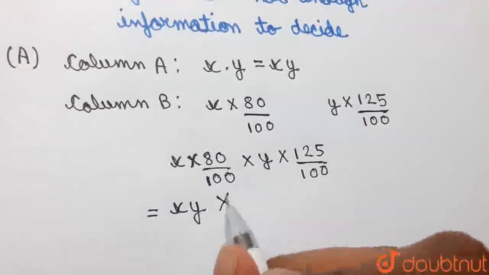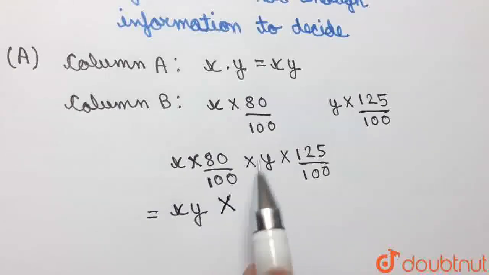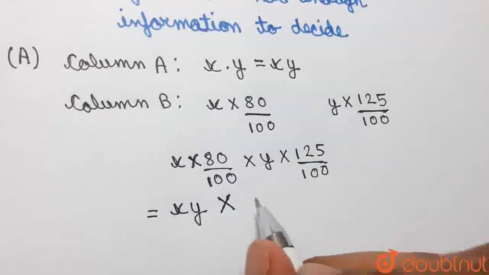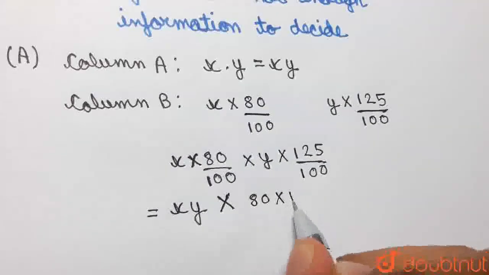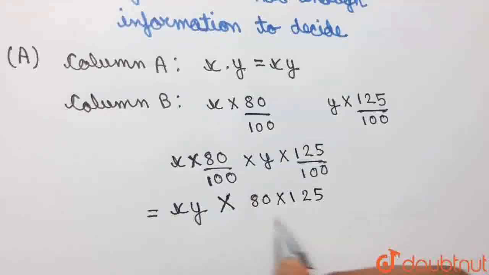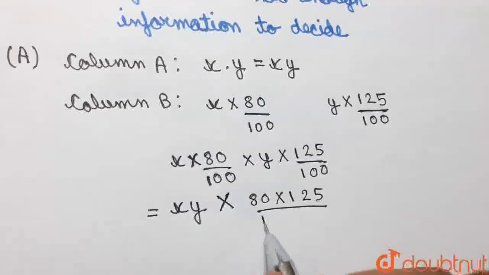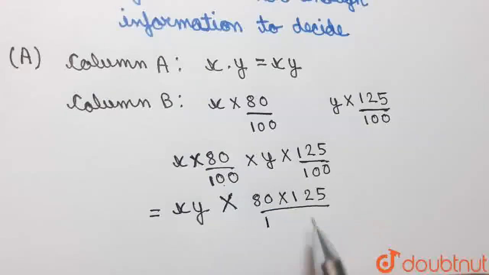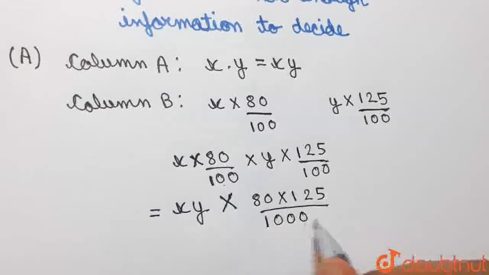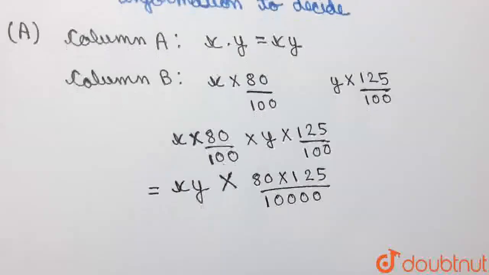into all the numeric terms. In the numerator we have 80 into 125, whereas in the denominator we have 100 into 100, that is 1 followed by 4 zeros. Okay, so this is written as xy into 80 into 125 divided by 10,000.